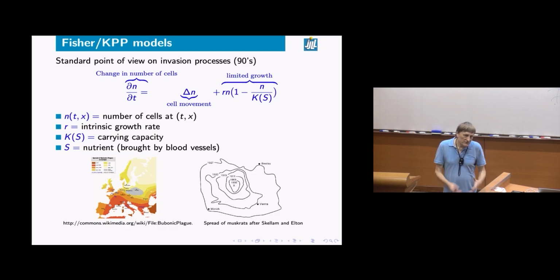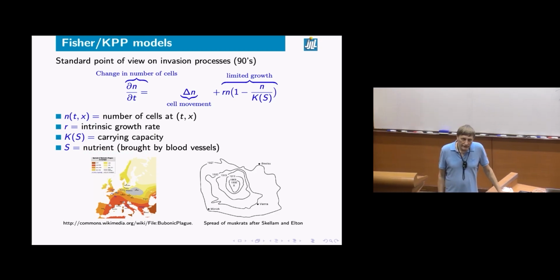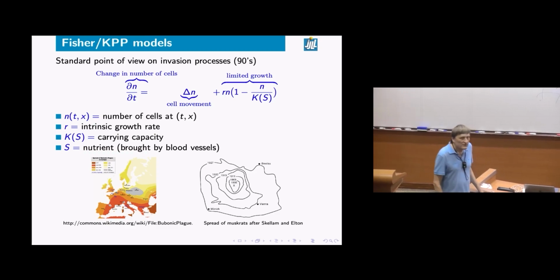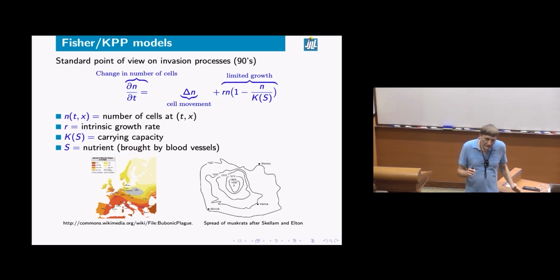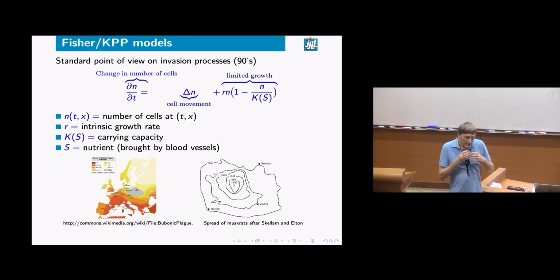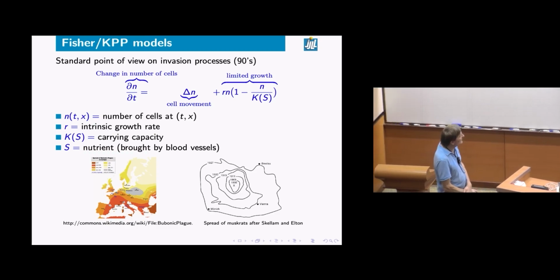And of course, at some point, the muskrats escaped from the farm. So they know exactly when these animals escaped from the farm. No predators, because these animals are not present in Europe. They invaded all Europe, and the ecologists in the 50s could follow precisely the front of the muskrats.